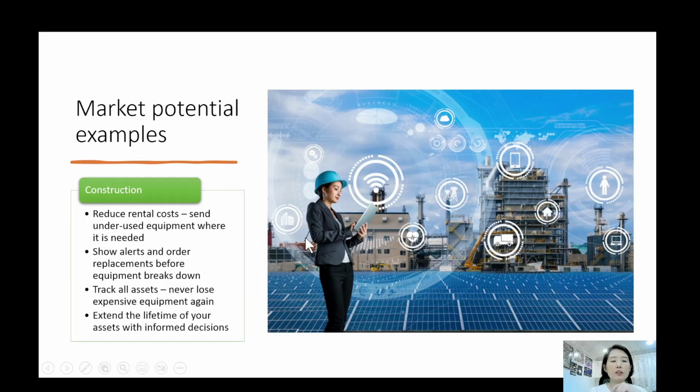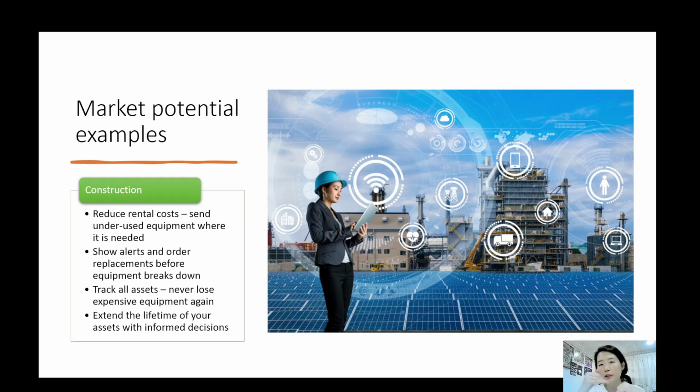Some market potential examples. Let's go through some use cases in different industries. For example, construction. You can reduce the rental cost, send underused equipment where it is needed, show alerts and order replacement before equipment breaks down. Because when you use the equipment, you have sensors to sense the equipment, like for example, its age and how its performance is.